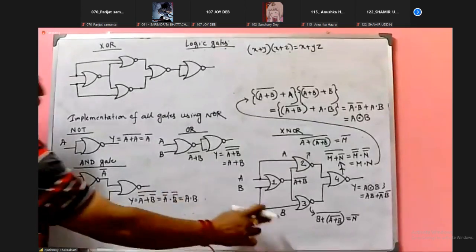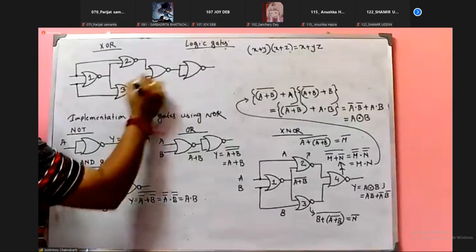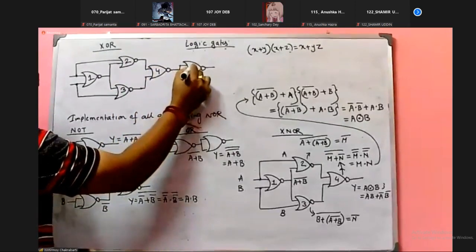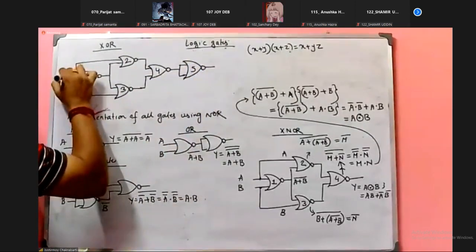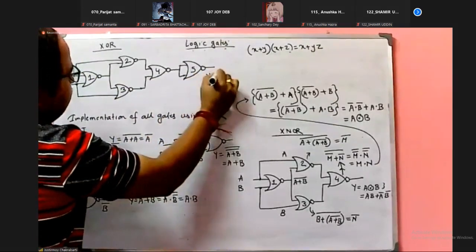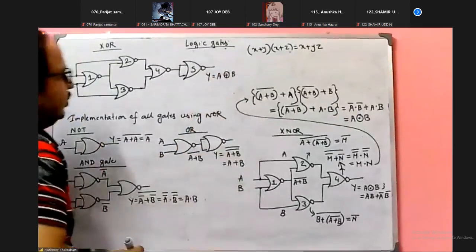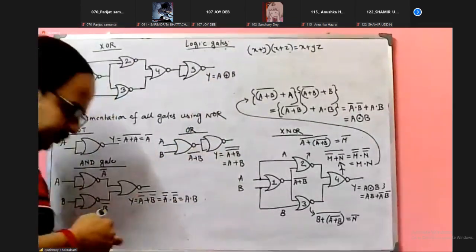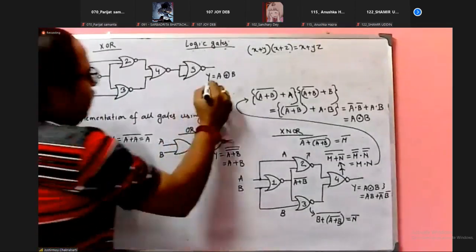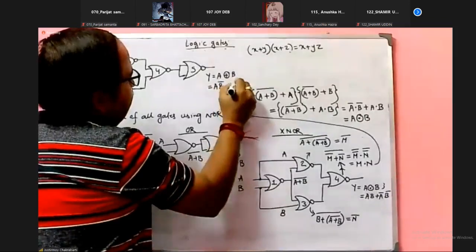A similar circuit along with the inverter. So this will be A XOR B, that equals A B bar plus A bar B.